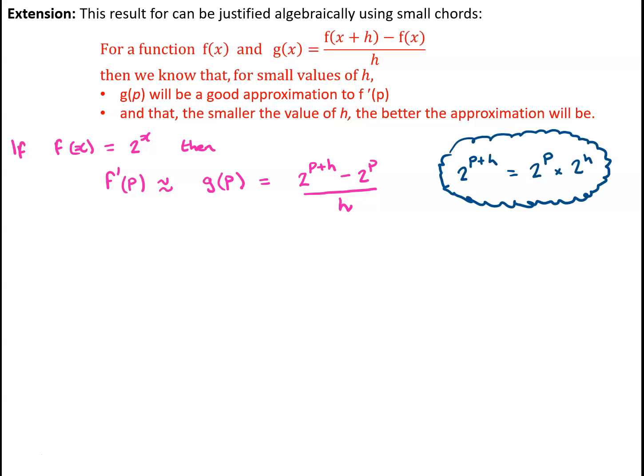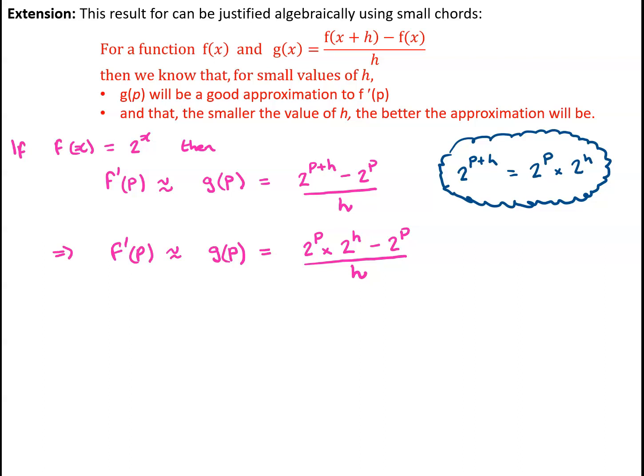Now, remember from our rules of indices that 2 to the p plus h is 2 to the p times 2 to the h. So we can say that f dash p is approximately 2 to the p times 2 to the h minus 2 to the p, all divided by h.